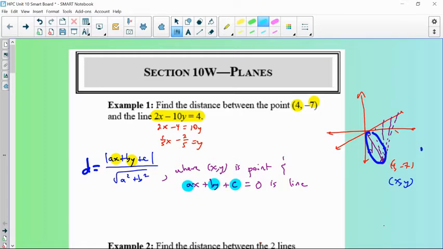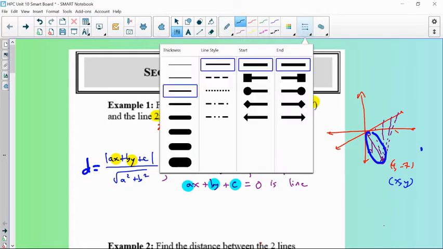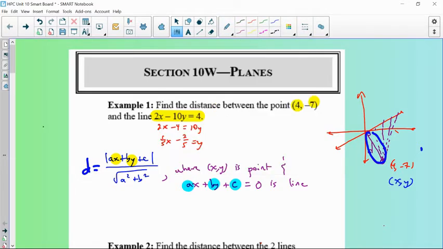Okay, so now let's find that distance for our particular example. I want to transform this slightly, just subtract the 4, so 2x minus 10y minus 4 is equal to 0. I could divide by 2 or -2 to reduce, but I want to make sure the parities, positives and negatives, line up.